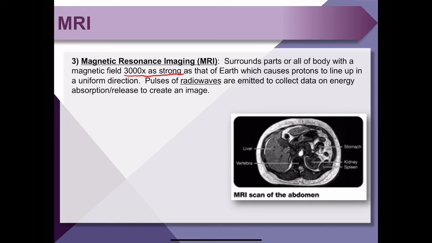So it's kind of like having these magnets orient everything in one direction, and then we interrupt that uniform direction with radio waves, and when those protons go back into their original position, that's what creates the change in energy that the MRI will detect. That absorption and release of energy is what creates an image for us on the computer screen with an MRI scan.